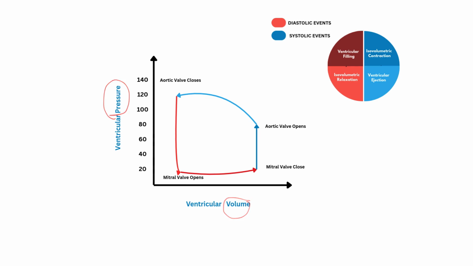So we must see how other factors affect the pressure and volume within the ventricular cavity. Factors such as preload, afterload, and inotropy. A change in any of these factors will reflect on the pressure volume loop either as an increase or decrease in either volume or pressure. I speak further on these cardiac output variables like preload and afterload in another video.